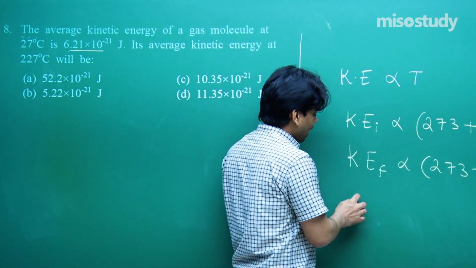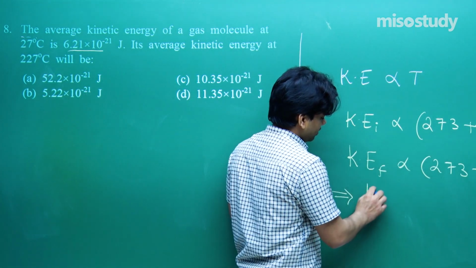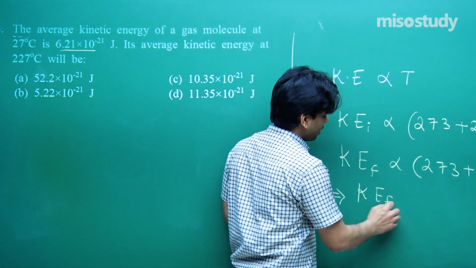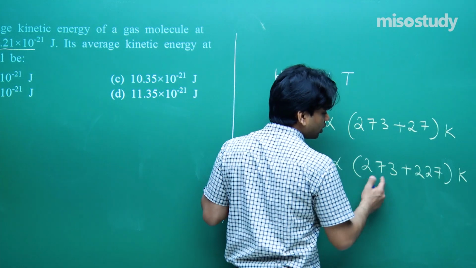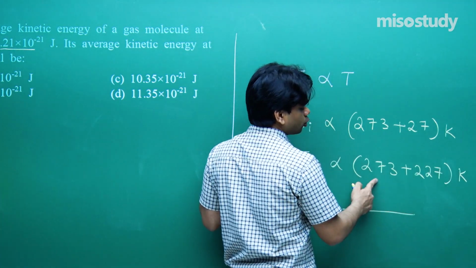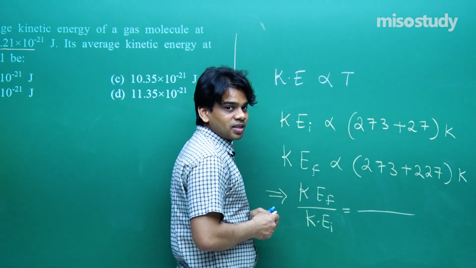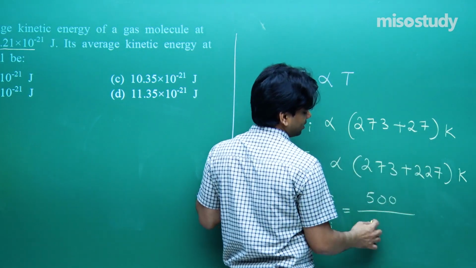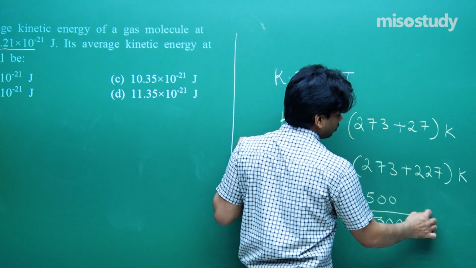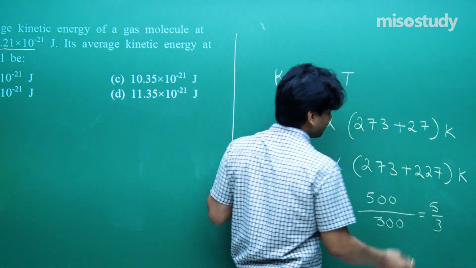So let me use kinetic energy final divided by kinetic energy initial equal to this temperature ratio, 273 plus 227, that will give you 500 divided by 300. So this will be equal to 5 by 3.